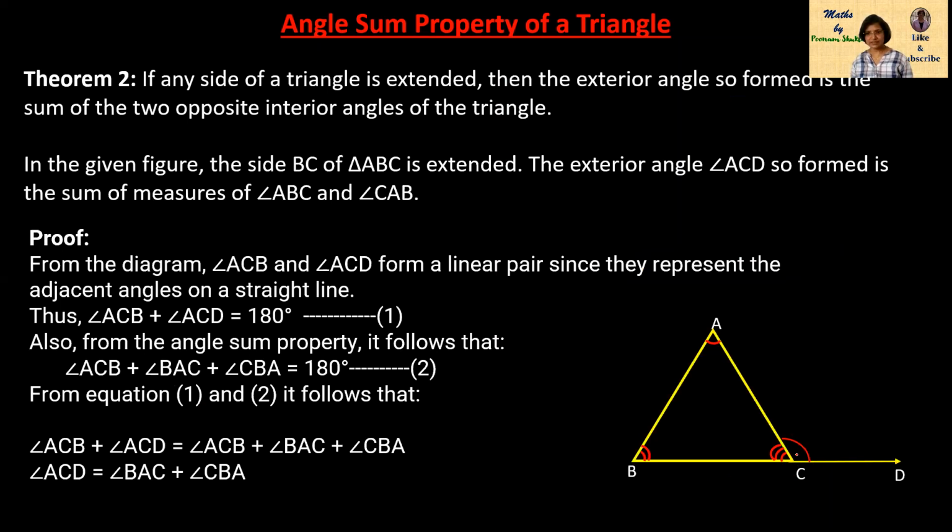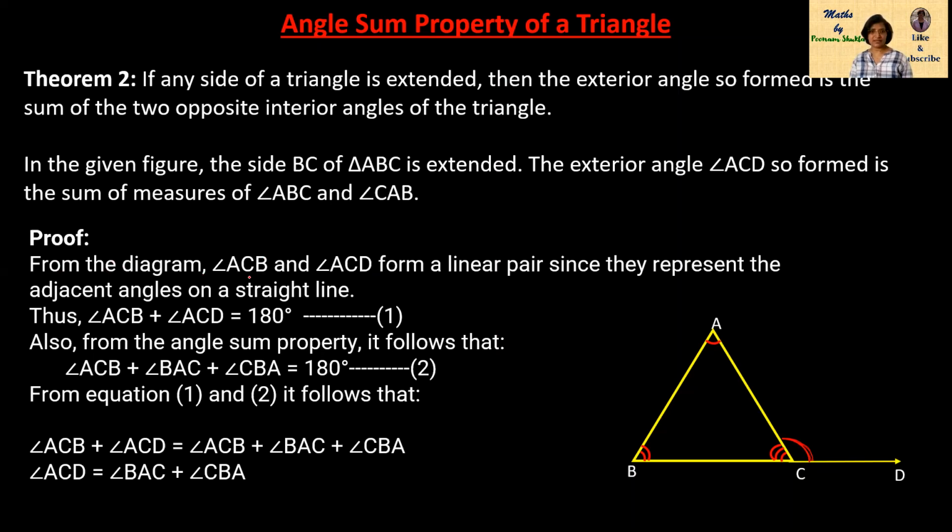The exterior angle formed, angle ACD, will be equal to the sum of the opposite angles, which are angle CAB and angle ABC. So we have to prove angle ACD equals angle ABC plus angle BAC.